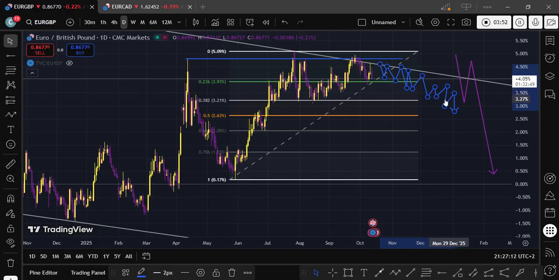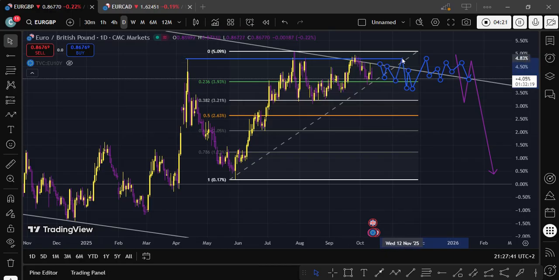So there's a high possibility that we might get something like this, a break above this level actually, because both currencies are weak. But if we get a huge weakness in the pound, then we might get something like this. But I'm not really expecting the market to go all the way above this level, above this blue line.